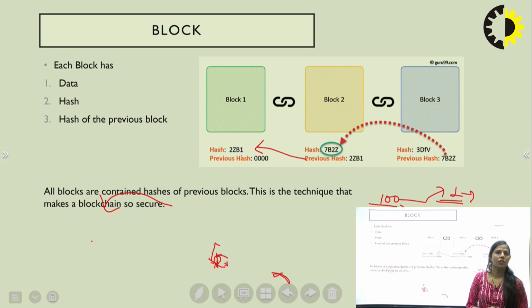We say that blockchain is a very secure technology, and this is how the security is maintained. If someone wants to break this, it can't be done. If someone wants to join a block in between, it should have the value of the previous blocks also. This is how blockchain makes the technology secure.